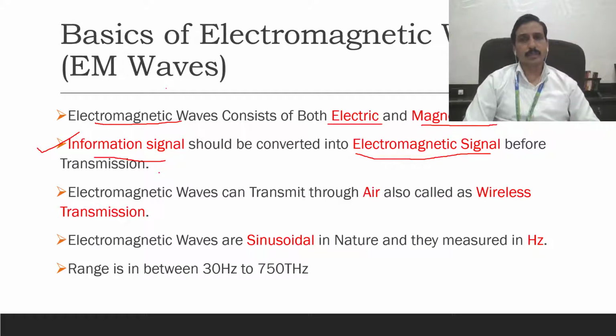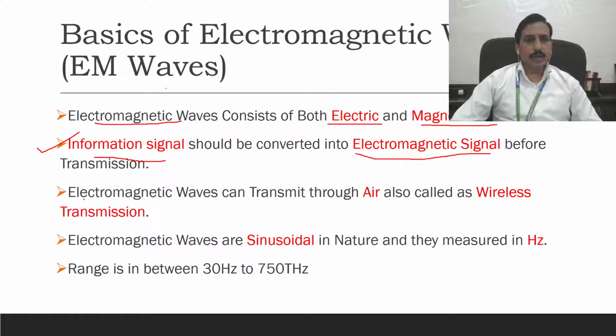Information signal obviously gets affected due to environmental conditions or noise. We have seen the types of noise in the previous sessions, but electromagnetic waves can transmit to longer distances. That's why in electronics communication, these waves play a vital role for propagating our information signals.